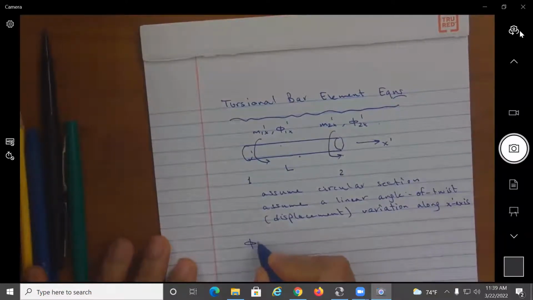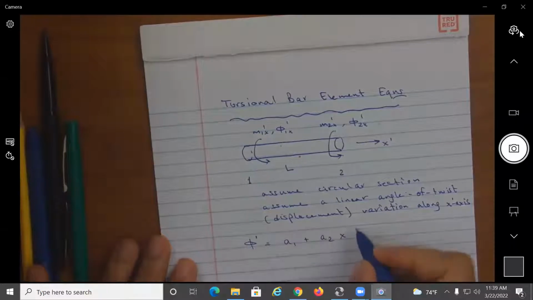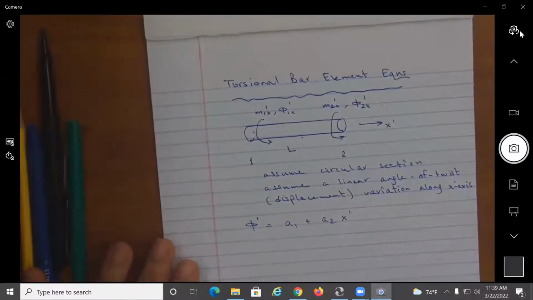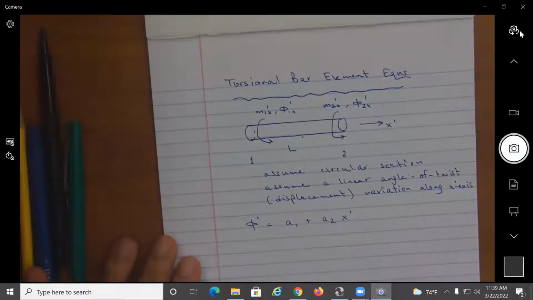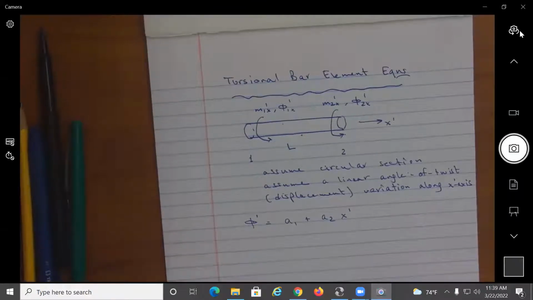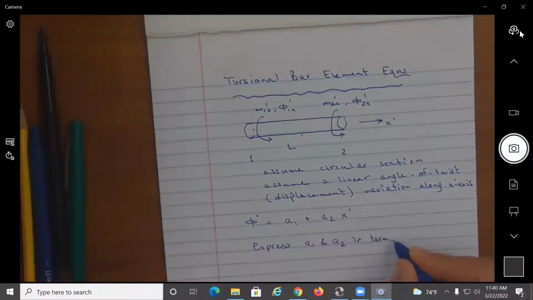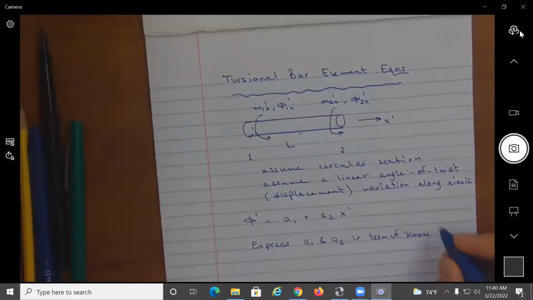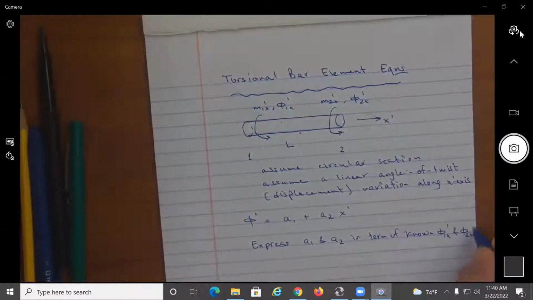So I can write that phi prime is equal to a1 plus a2 x prime, where we want to express a1 and a2 in terms of the known nodal displacements, in terms of the known phi1X prime and phi2X prime.